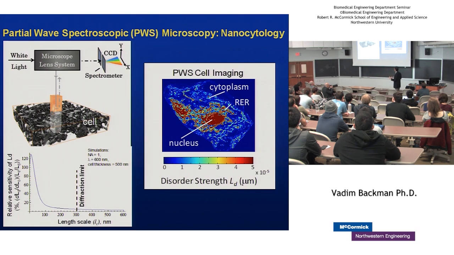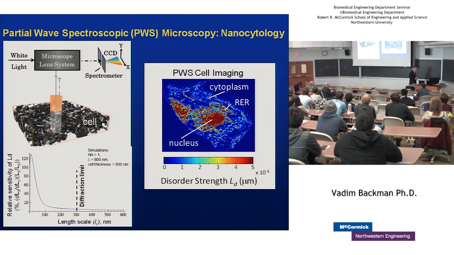So the sensitivity of this technique is such that actually it's not even sensitive to anything you can visualize. And you can visualize structures, remember what I told you, about 200 nanometers and above? So you can't be sensitive to the structures using this technique. The sensitivity is, essentially, the smaller the structures, the better the sensitivity is, all the way down to literally a few nanometers.